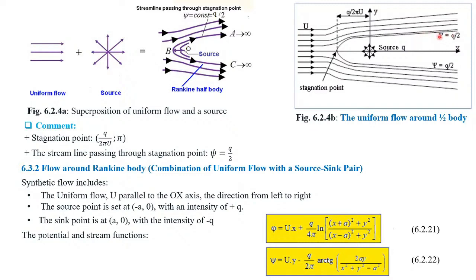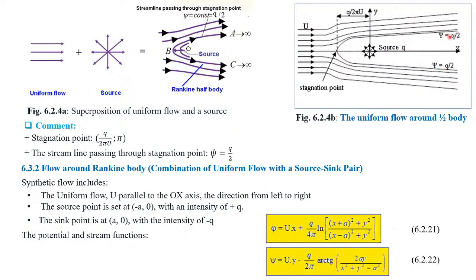the streamline with psi equal to Q over 2. For this streamline, we have a closed shape on the left, but on the right-hand side it is open, not closed. Therefore, we call it a half body.